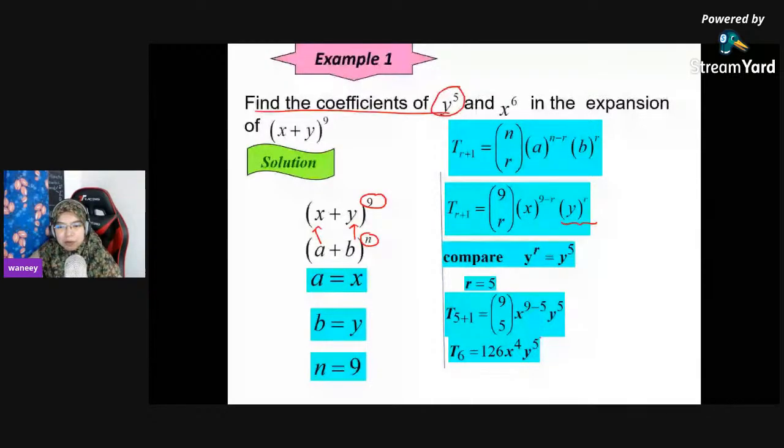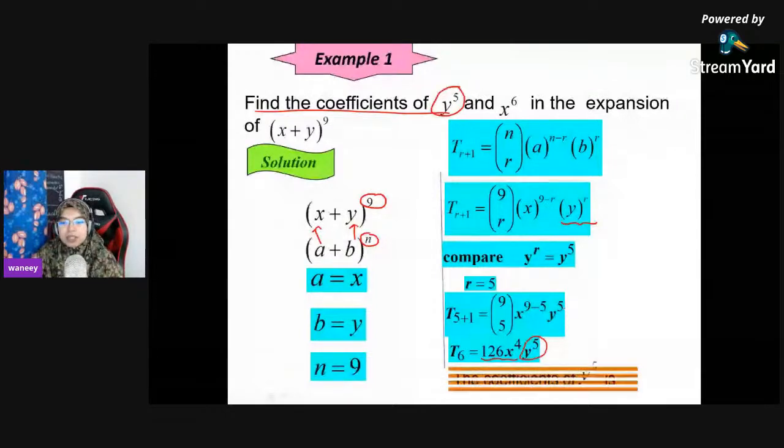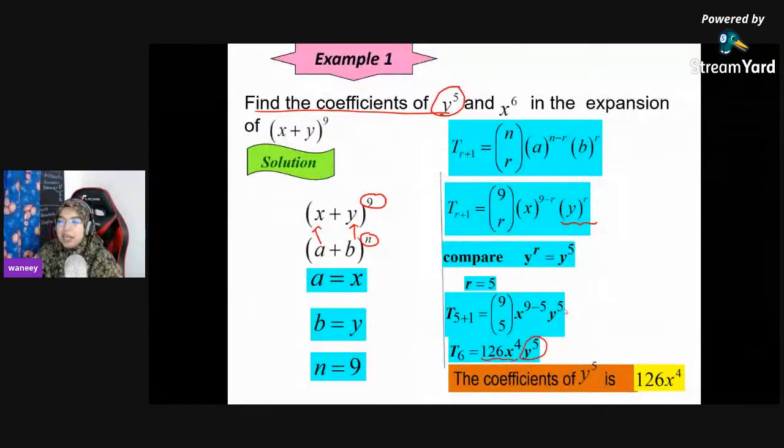So other than y to the power of 5, we will have 126 x to the power of 4. So that means this is the coefficient of y to the power of 5. So the coefficient of y to the power of 5 is 126 x to the power of 4.